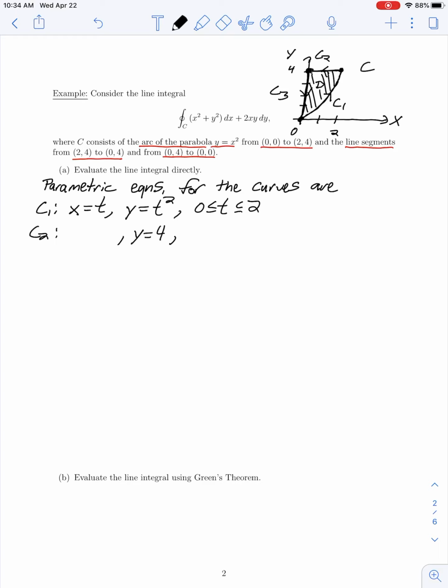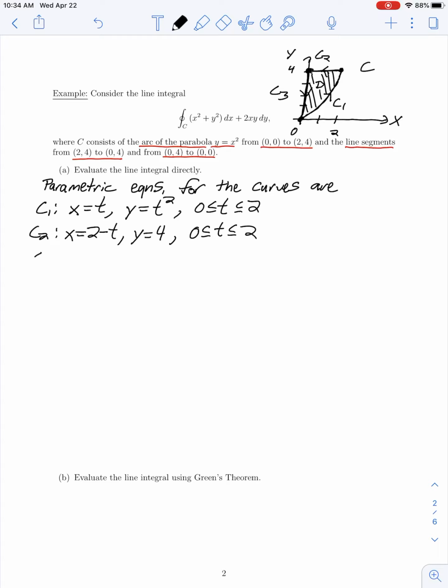And x is moving from 2 to 0. So we could take for our x parametric equation 2 minus t, where t ranges from 0 to 2.